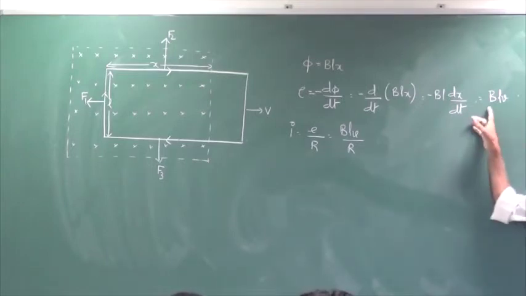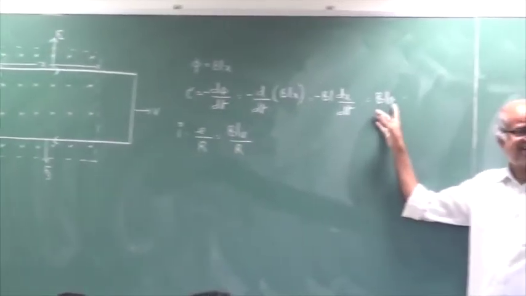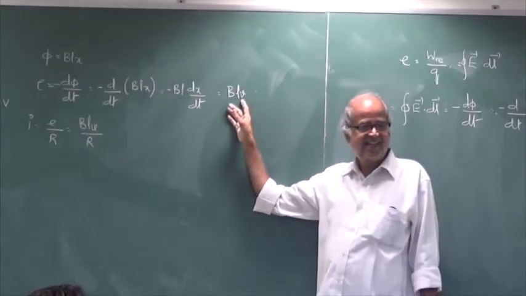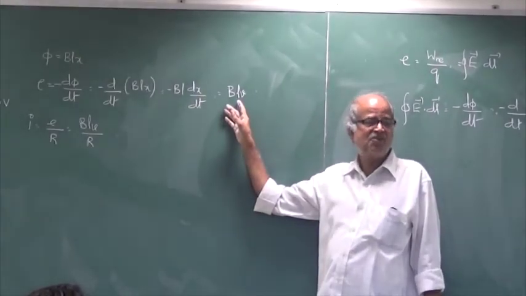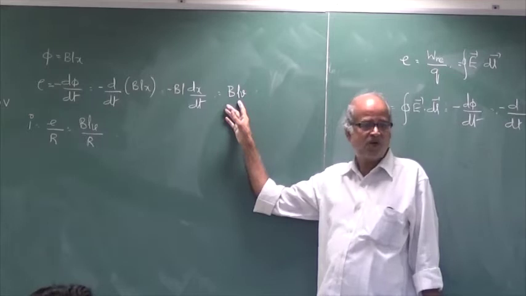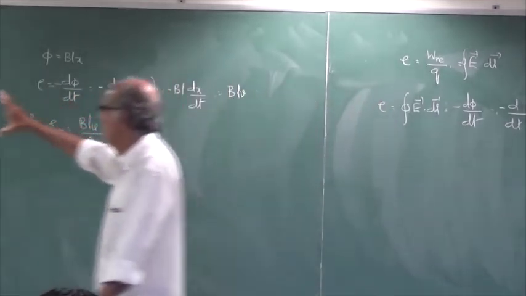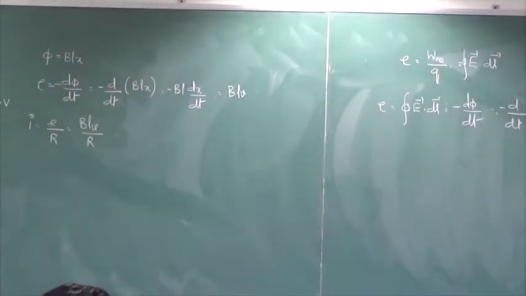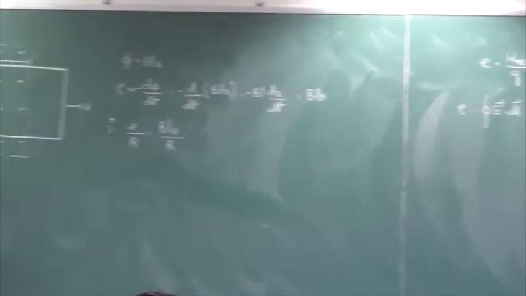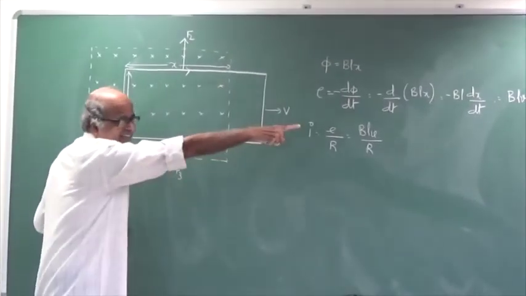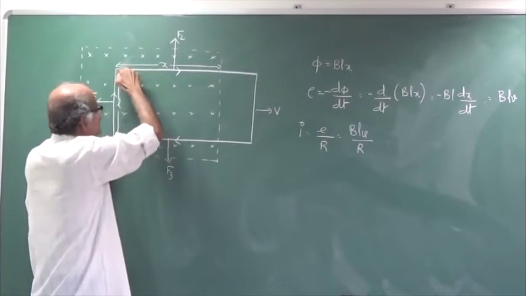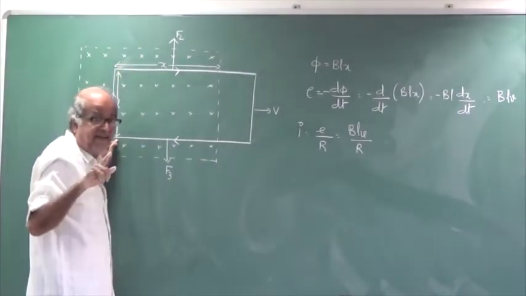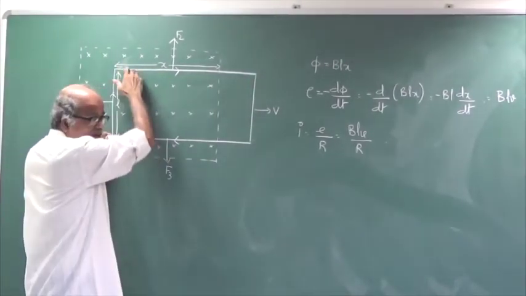The interesting thing is, in the expression for EMF, which dimension of this loop is coming into picture? Only L, isn't it? This and this don't come into the picture at all. In the formula it's only L, which means you can say that the induced EMF is localized in this.